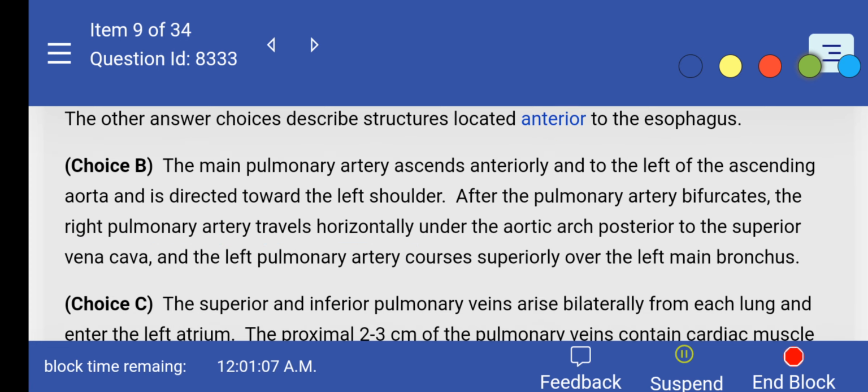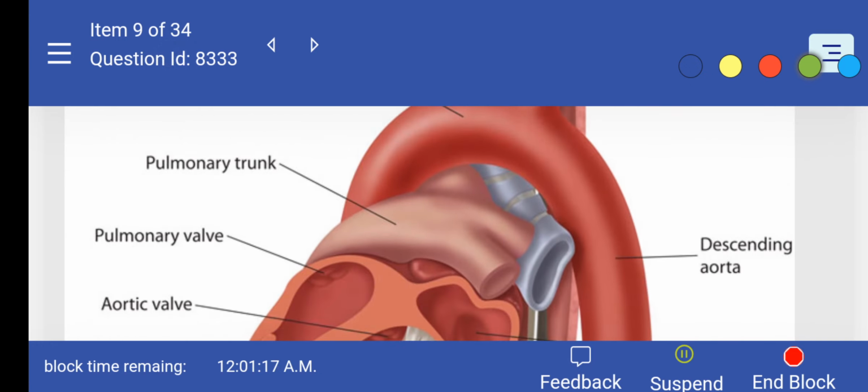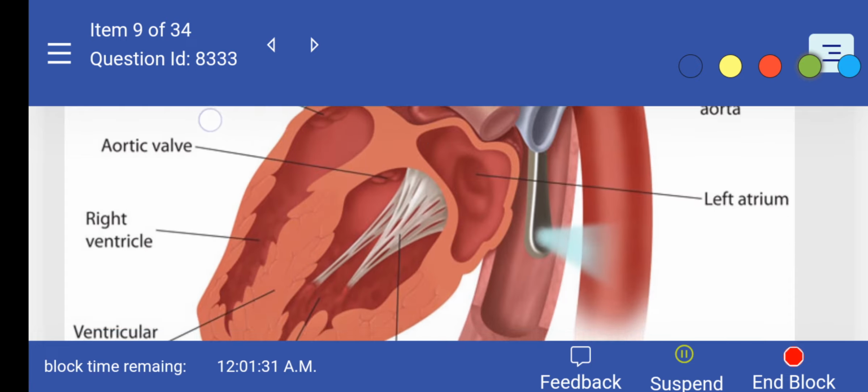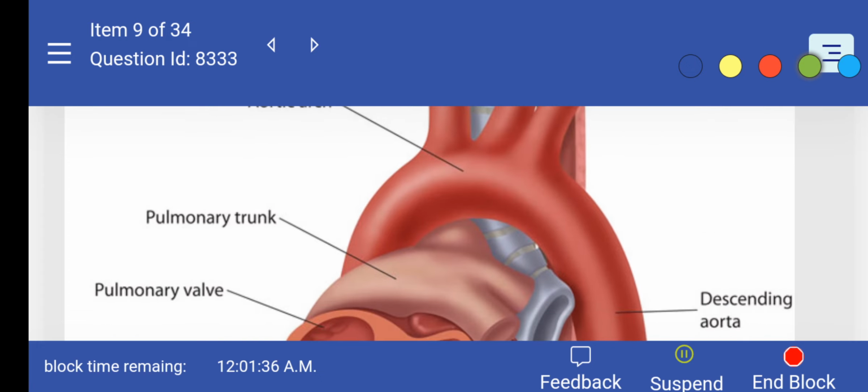This is important: the right pulmonary artery is posterior to the superior vena cava. Let us see this.